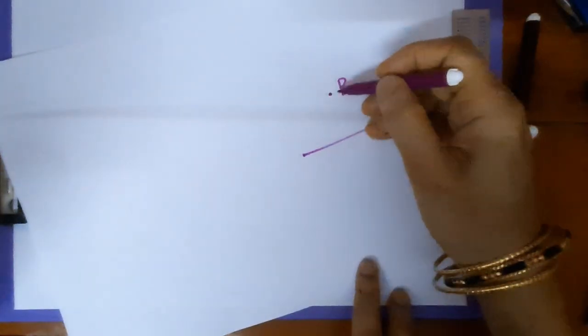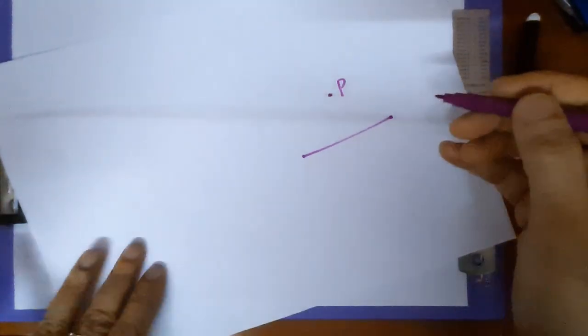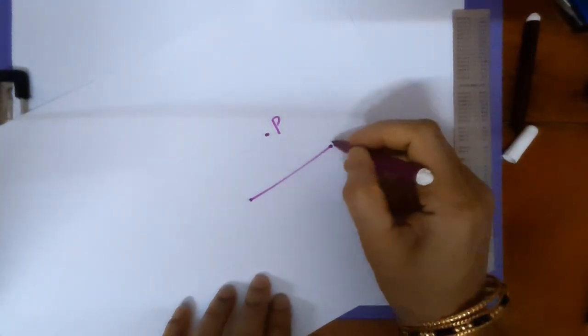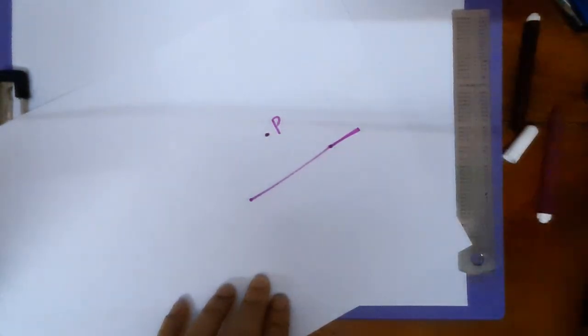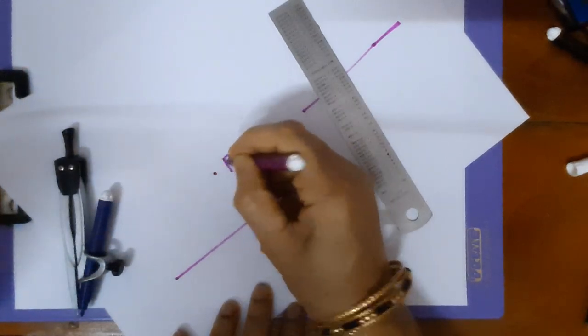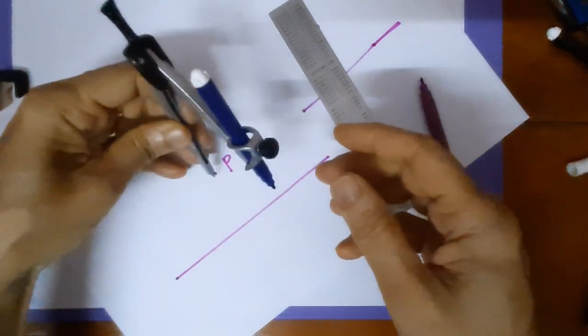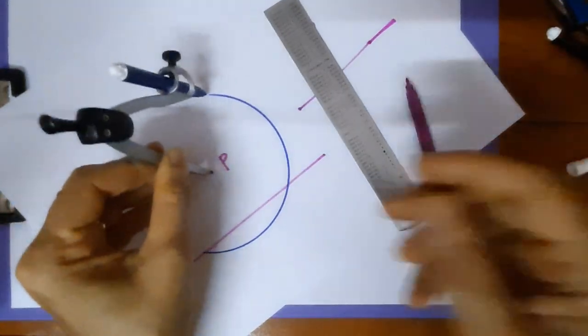normally what do we do? We start from this point and we cut this given line segment. So I will do it here. Say this is the line segment and there is a point P. We start from the point P and we cut this line segment.